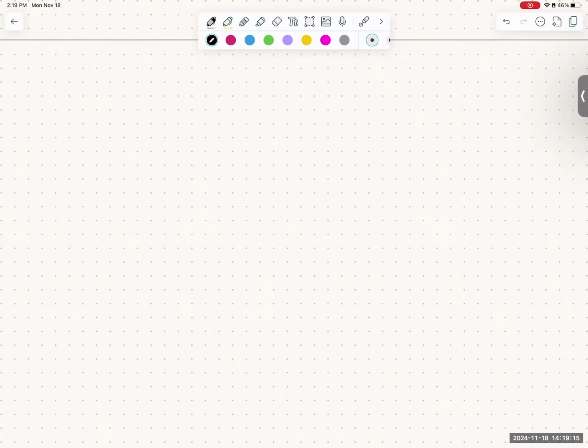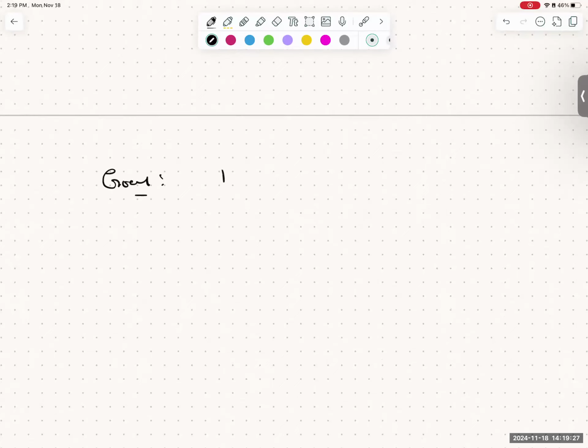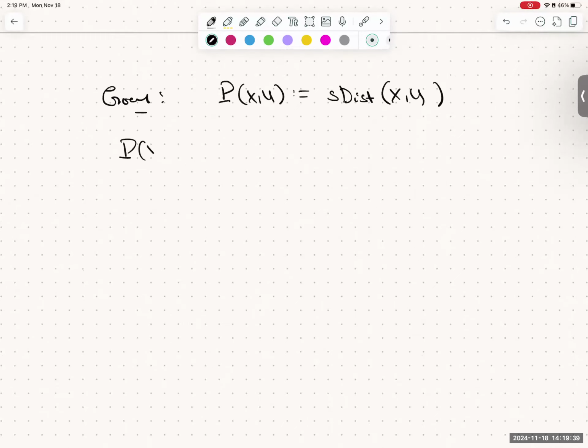So what I want to say here is, this is a little bit of the goal sometimes. So we will call the polytope, so let P of X, Y be given in H representation. We want to find its V representation.